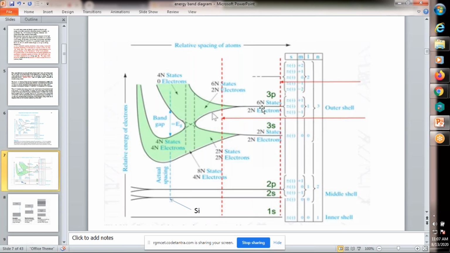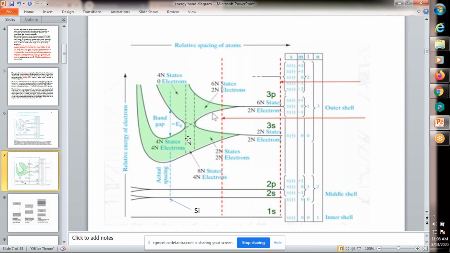As the relative spacing decreases, these two outermost discrete energy states first split and form an energy band. In this green area, a bunch of energy levels are available.